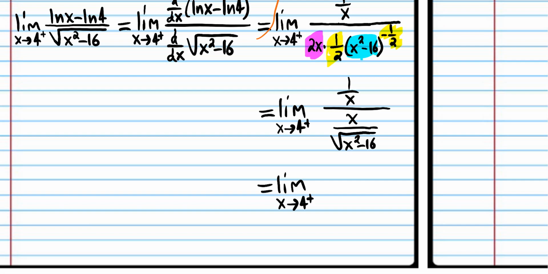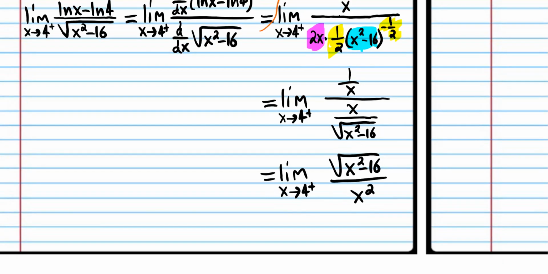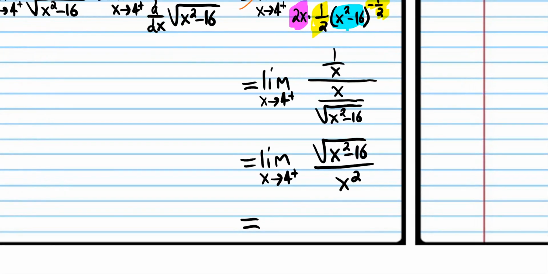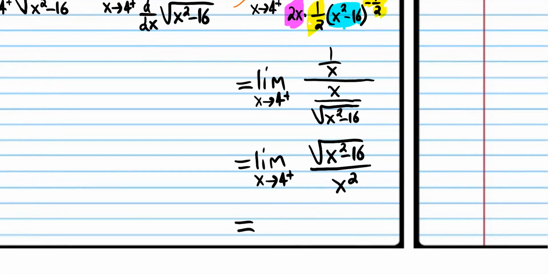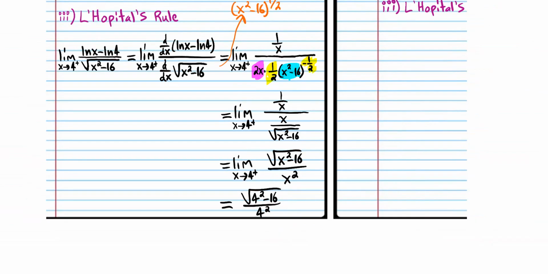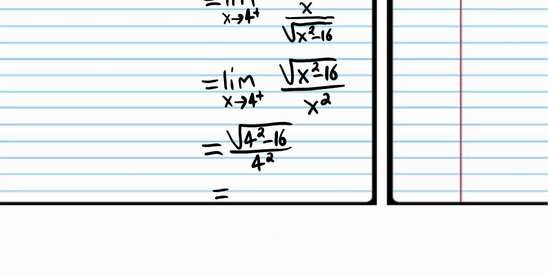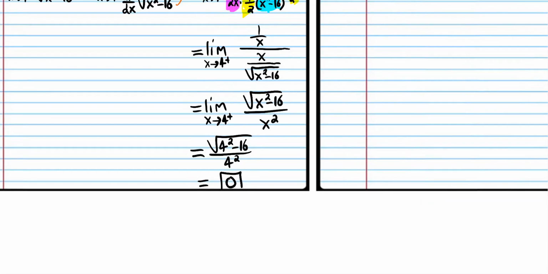So if we simplify, we get the square root of x squared minus 16 over x squared. And we can use limit law number 8 and just plug in 4. And let me find some more room here. And we end up with 0. Sorry, we're kind of scrunched in there.